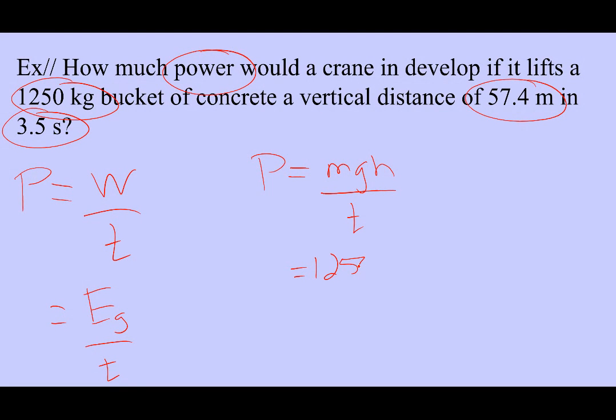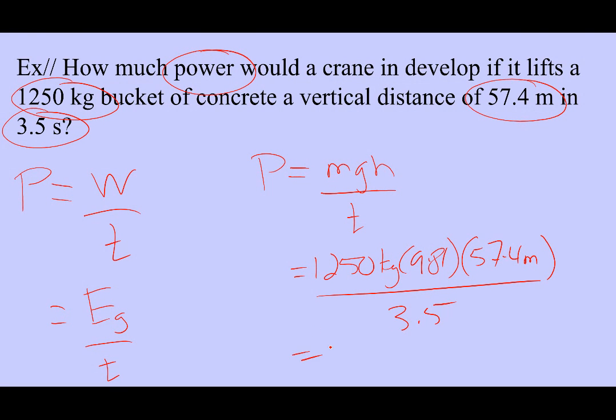So I go 1,250 kilograms, 9.81, and a height of 57.4 meters. Divided by how much time? 3.5 seconds. I'm going to put my answer right there. I can type all this in at once: 1250 times 9.81 times 57.4 equals some big number.